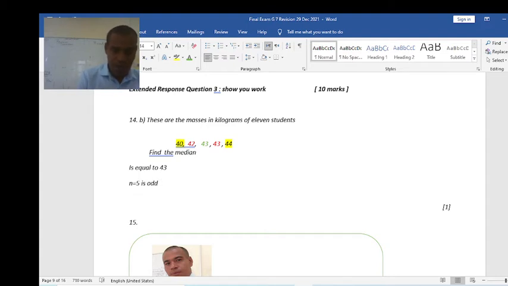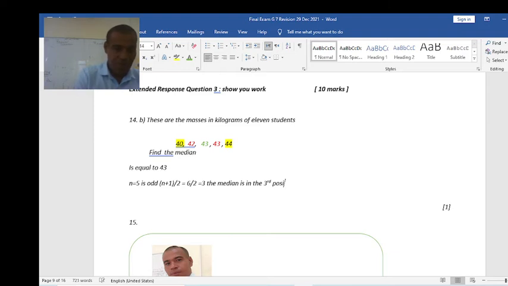So add 1 to n, then we'll make n plus 1. N plus 1 divided by 2 gives us 6 divided by 2, which is 3. So the median is in the third position.